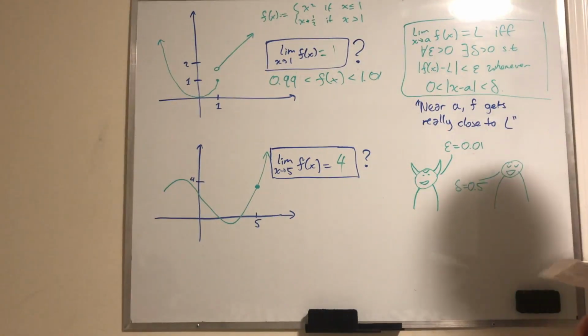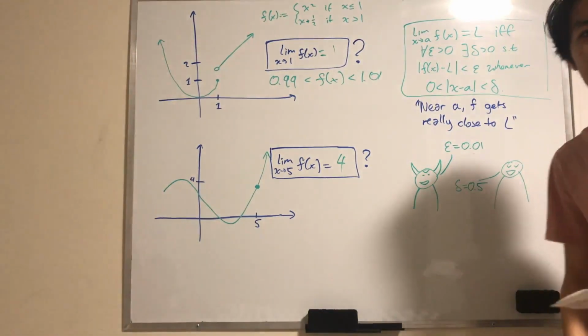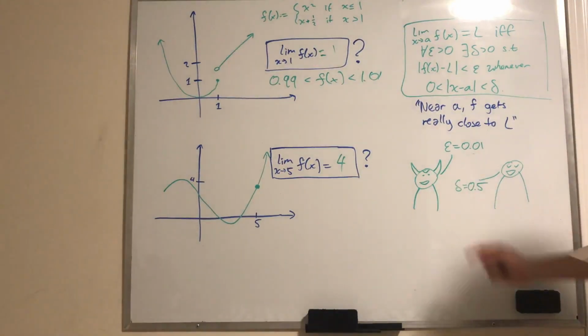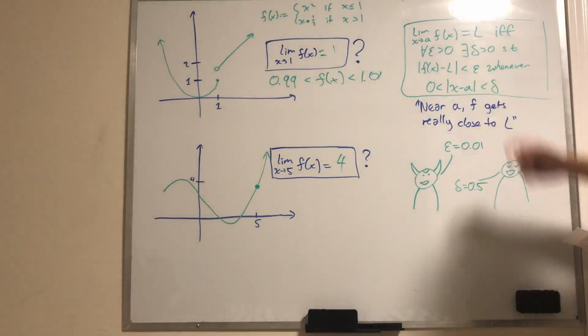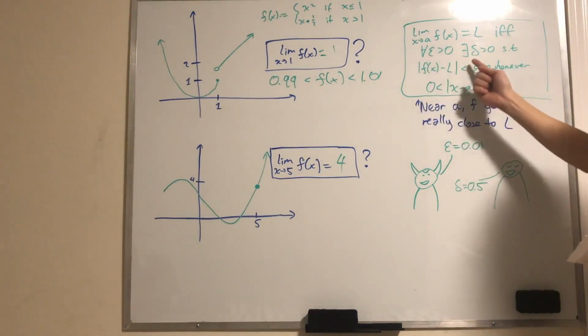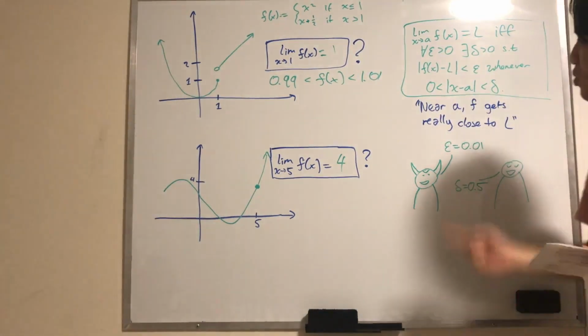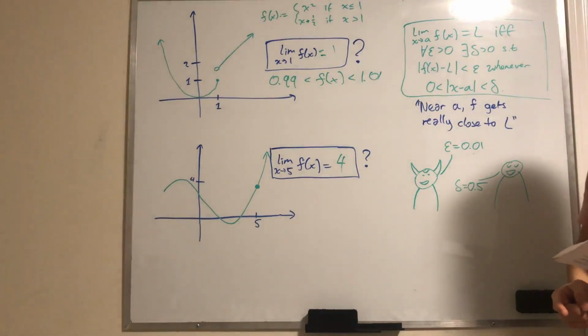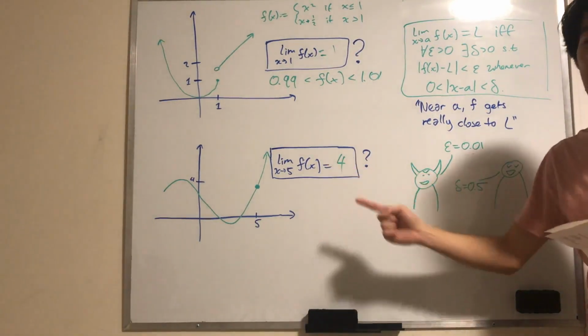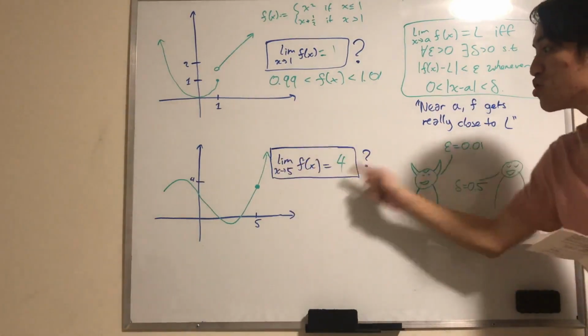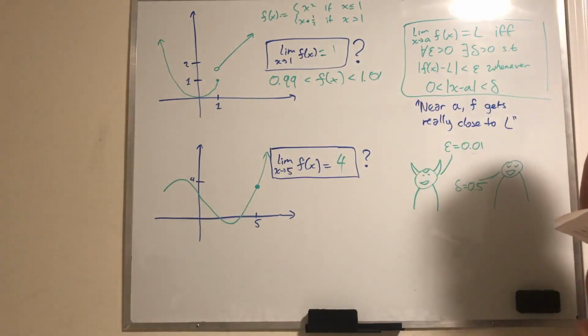They give smaller and smaller epsilon, but every single time I can find delta. This is what we're saying here. For all epsilon, there exists delta such that this condition holds true. As in, we can beat the skeptic, or the skeptic can't beat us, which means the limit does exist and is equal to 4. This statement is true because the skeptic can't beat us.